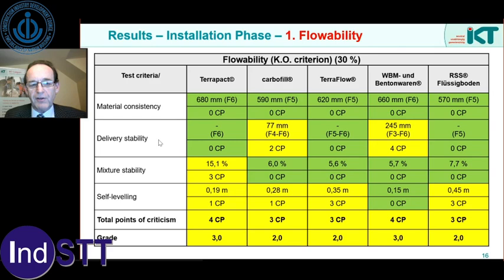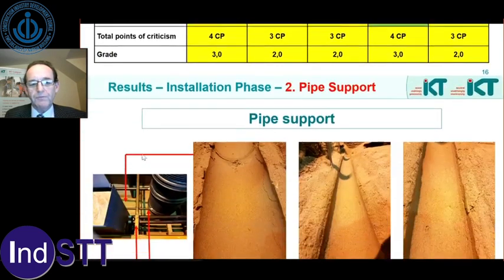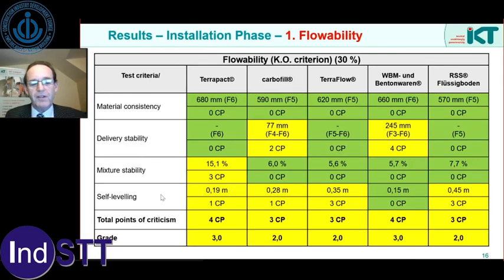The consistency of the material, its stability. Self-leveling was interesting. We only poured the product in at one corner of the trench, and when it was finished, we looked to see, did it actually level across the whole trench, or was it higher at one side and lower at the other?